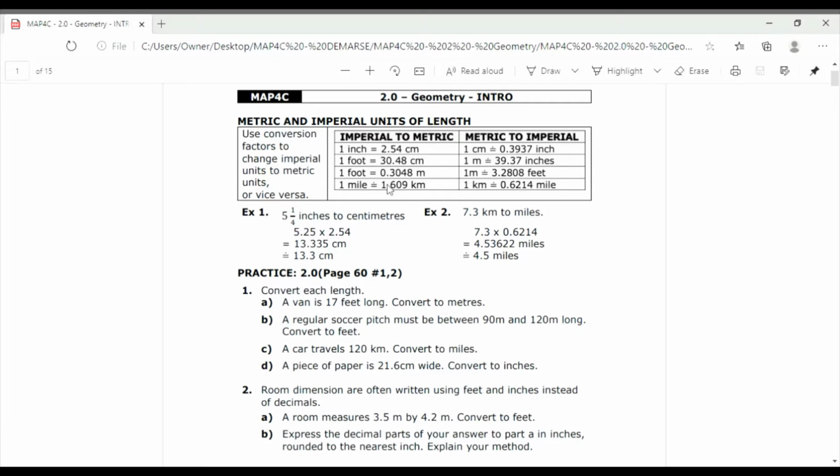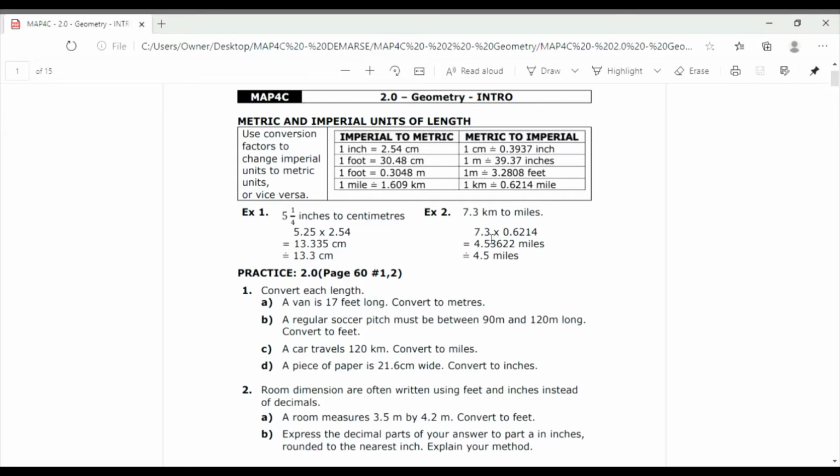Because over here on the right hand side we also have miles to kilometers, but this is based on 1 mile. If they're giving us the information on kilometers, we want the conversion factor based on 1 kilometer. Now 1 kilometer is 0.6214 miles, so 7.3 kilometers will be multiplied by this factor, 0.6214.